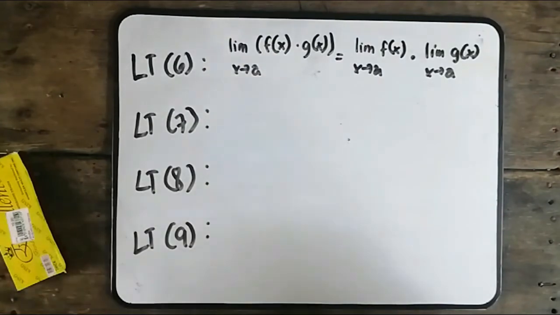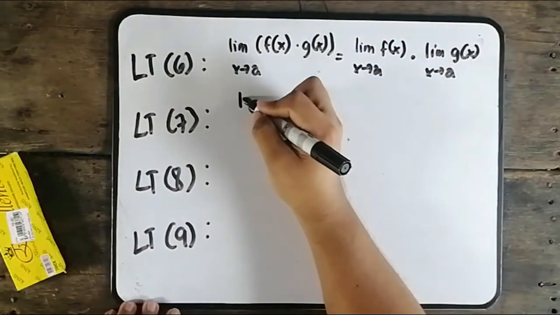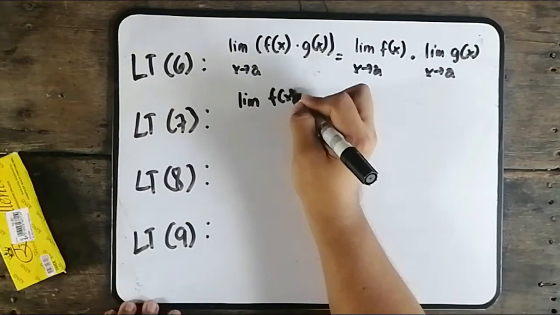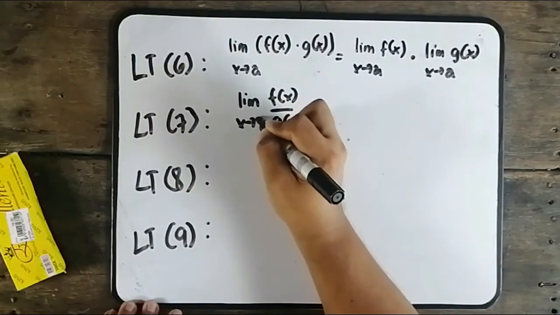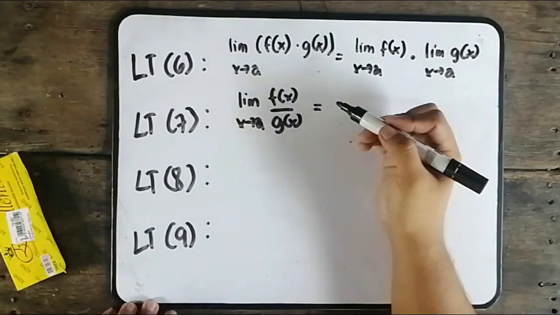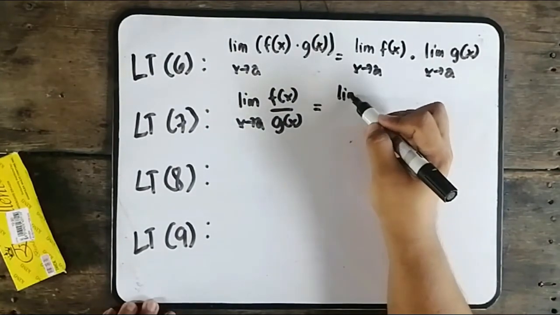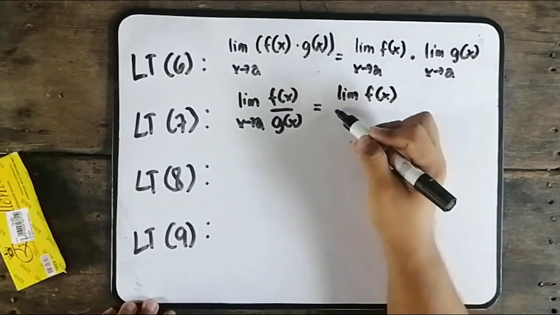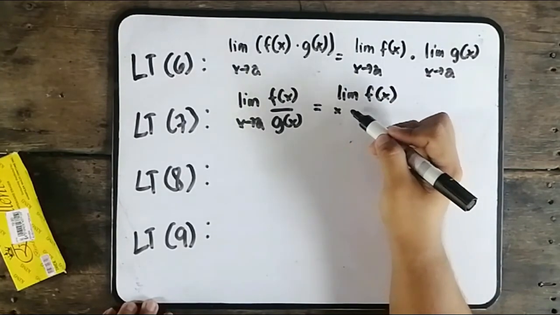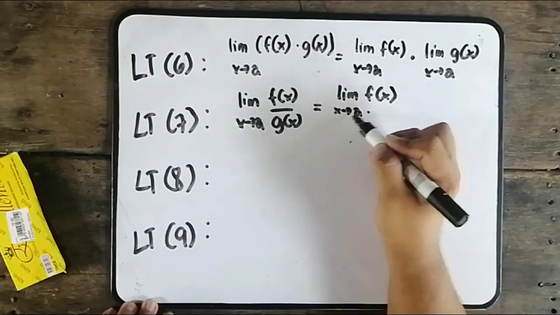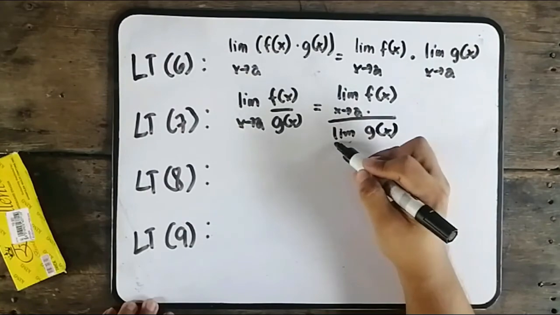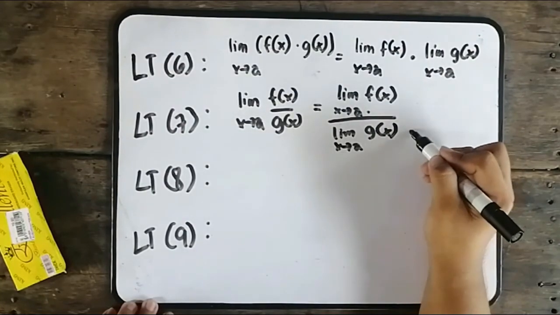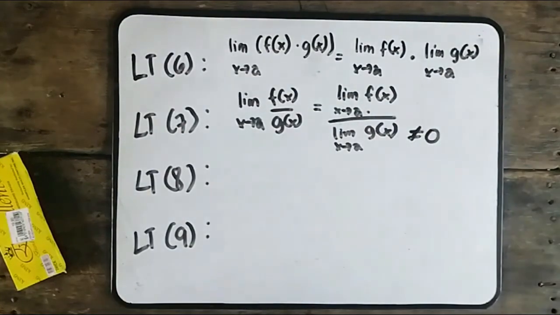Limit theorem number 7 naman, sinasabi niya na limit ng quotient as x approaches a is actually equal sa quotient ng individual limits, provided that your limit in the denominator should not be equal to 0. Okay? Siyempre alam naman natin yon, basta rational function siya, dapat this is not equal to 0.